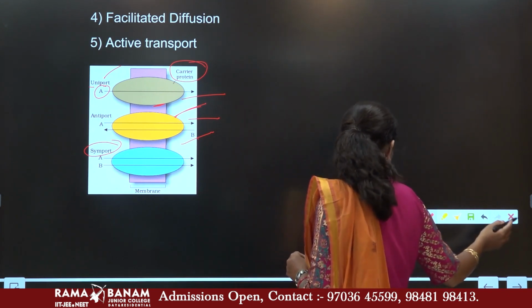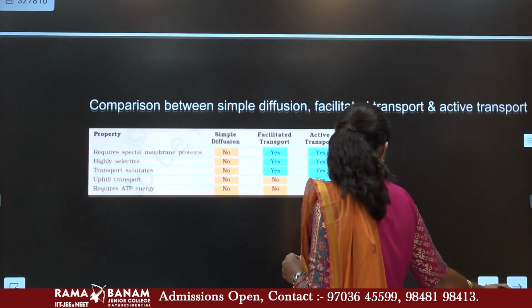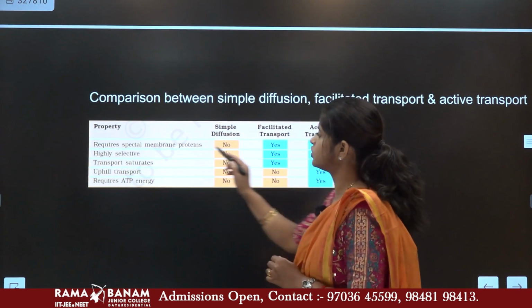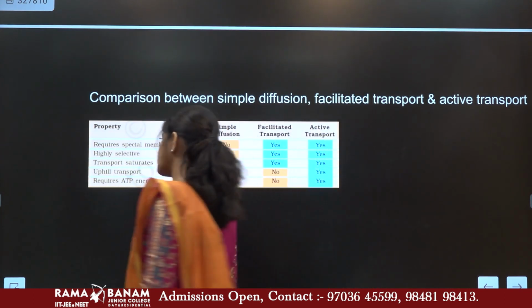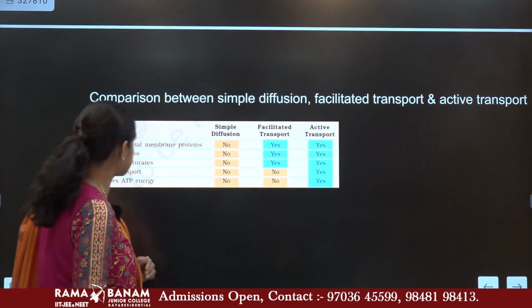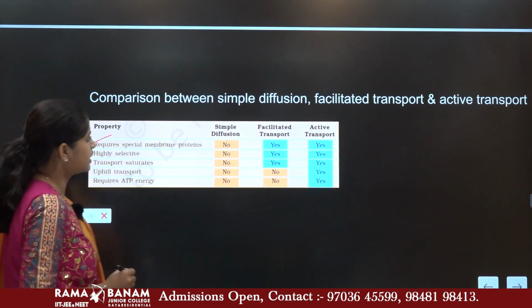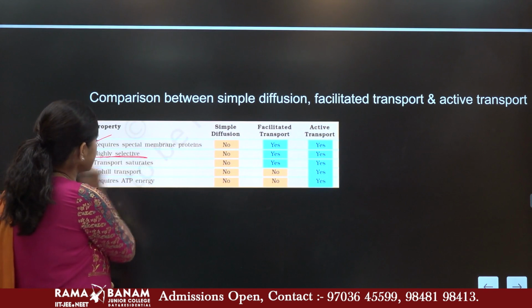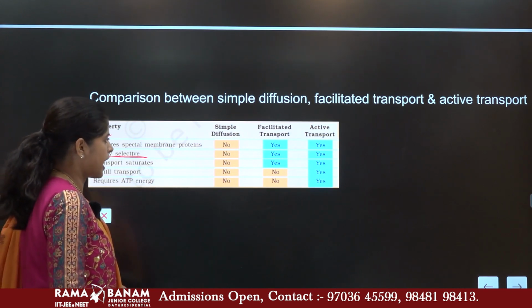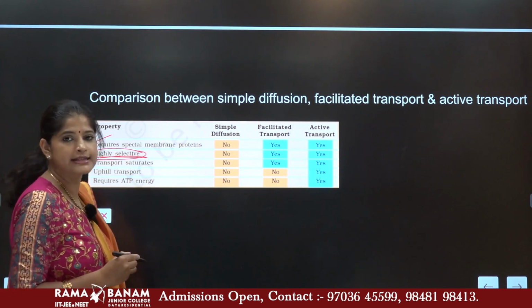Now, come back to the differences. One difference we saw, related to the special membrane protein. Now, student, the first difference is clear. What are the other differences between these three means of transport? Second is highly selective.